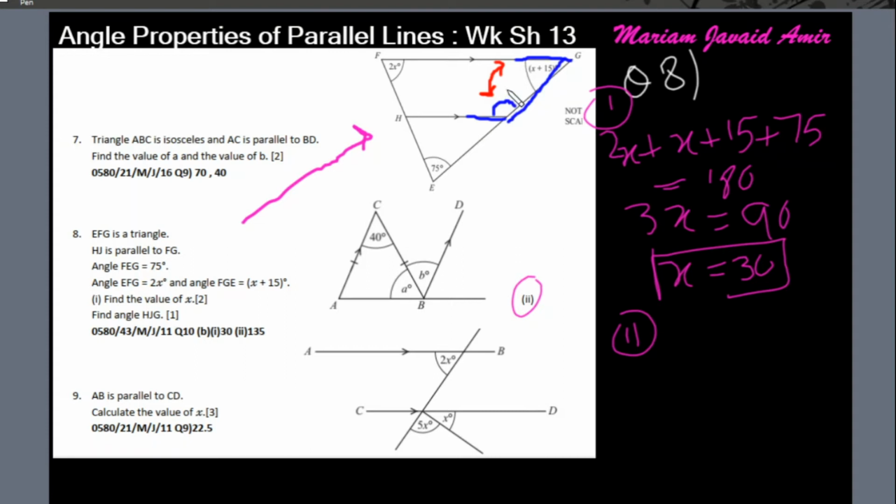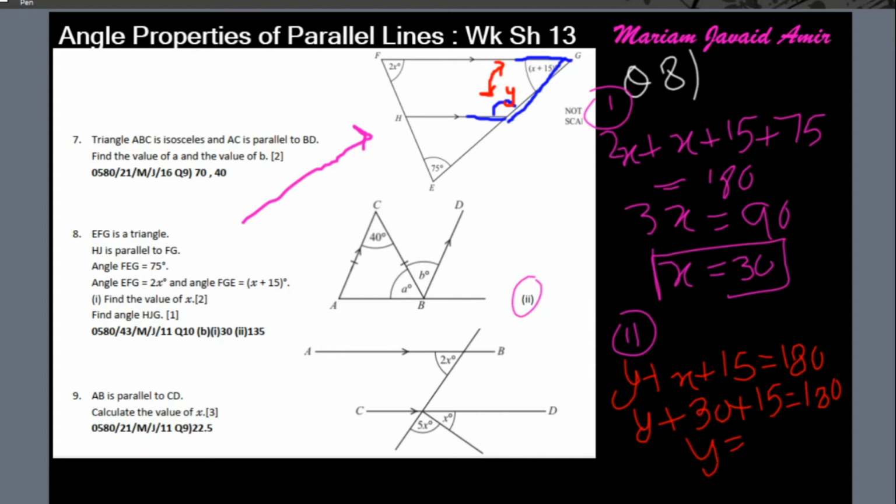Let's call this y. So y plus x plus 15 equals 180. Also x came out to be 30, so we can find y by subtracting 30 and 15 from 180. So 180 minus 45 gives us 135.